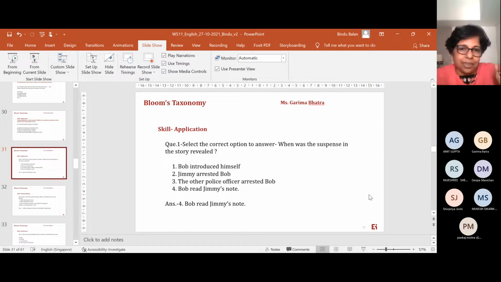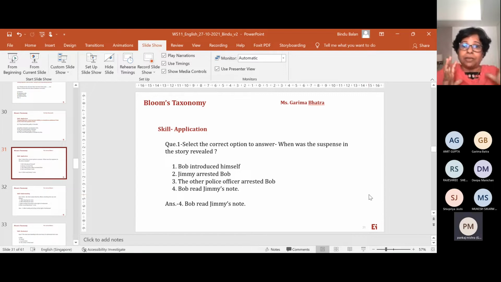Now, when you say understand, what is the key word you will use? Child, I have given you the information. I want to know whether you understood. Can you tell me in your own words what this information is about? Even if I ask a question like, what is the main idea of the story?